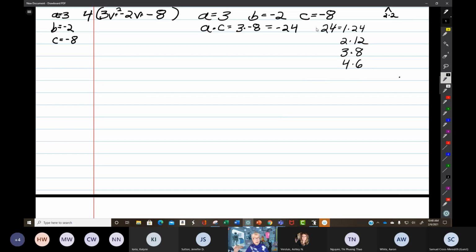But it's -24, not +24 that I'm dealing with. So here I let the first number be negative, and then I come over here and I write the pairs again, but I let the second number be negative.